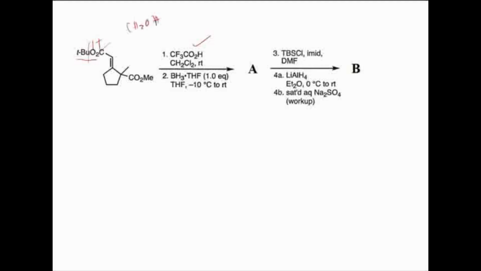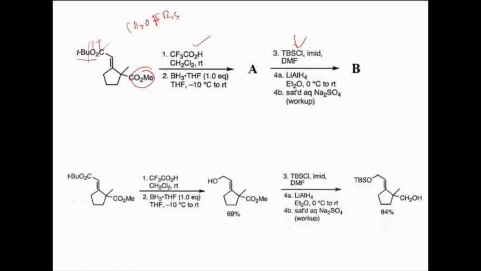Next one is tertiary butyl silyl chloride. By this time you will know that this CH2OH will be protected as TBS. Next, if you use lithium aluminum hydride, the ester group will be reduced to alcohol. All right.